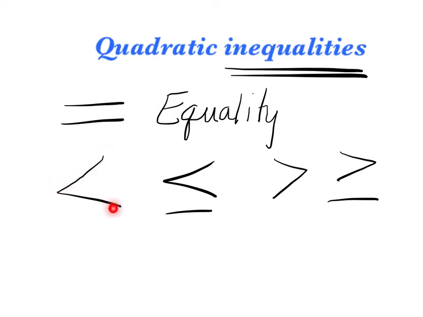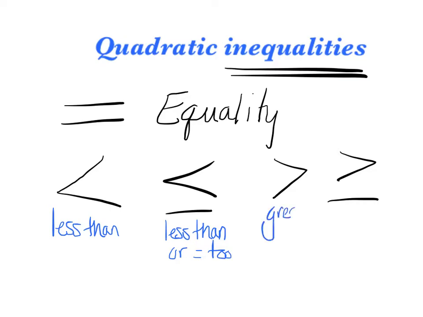This end is small, this end is great. So since this end is smaller, we would say this is the less than. This line underneath means less than or equal to. Obviously this is my greater than, and then my greater than or equal to. Okay, so let's just make sure we can read these carefully.